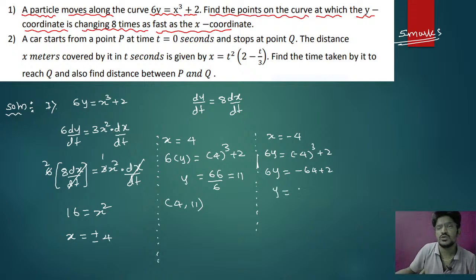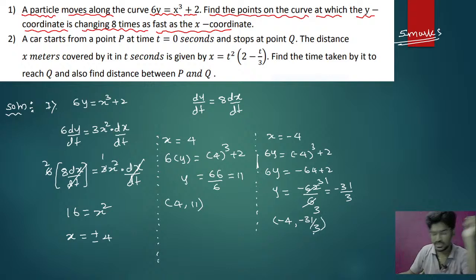Y will be equal to minus 62 divided by 6, that is minus 31 divided by 3. That will be minus 4 comma minus 31 divided by 3. So these are your required answers.